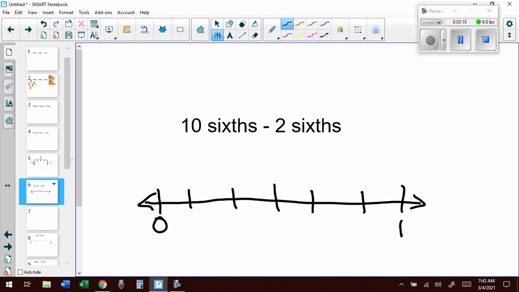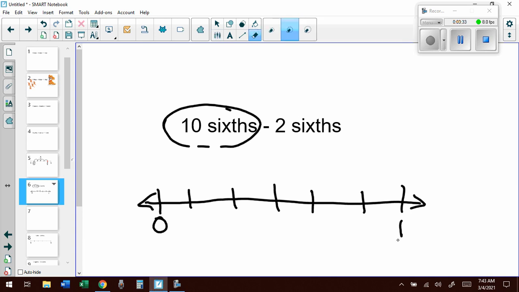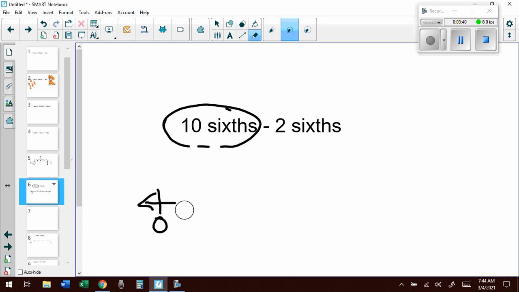But what do you see as the problem here? If you see that 10 sixths is greater than 1 whole, then you see that problem. So I can't have a number line between 0 and 1. My number line needs to be from 0 to 2.